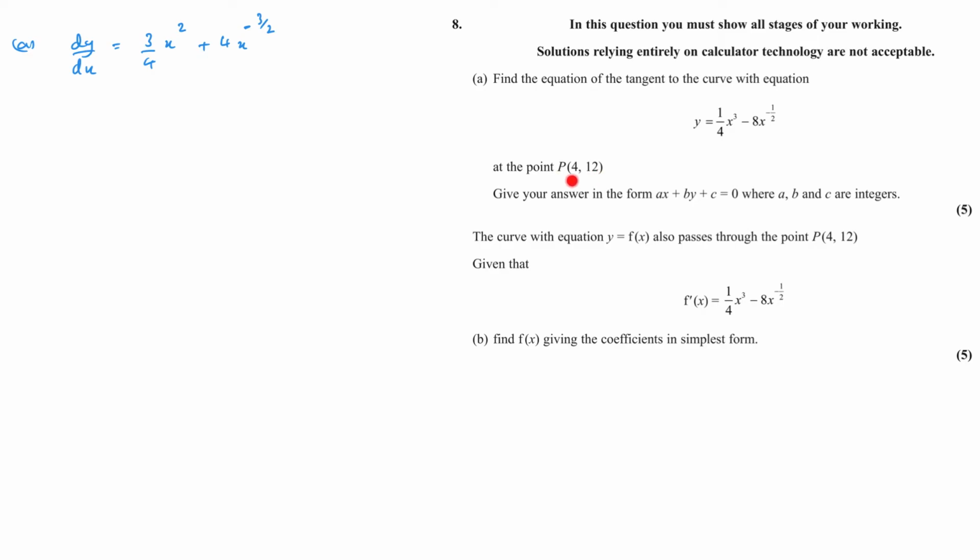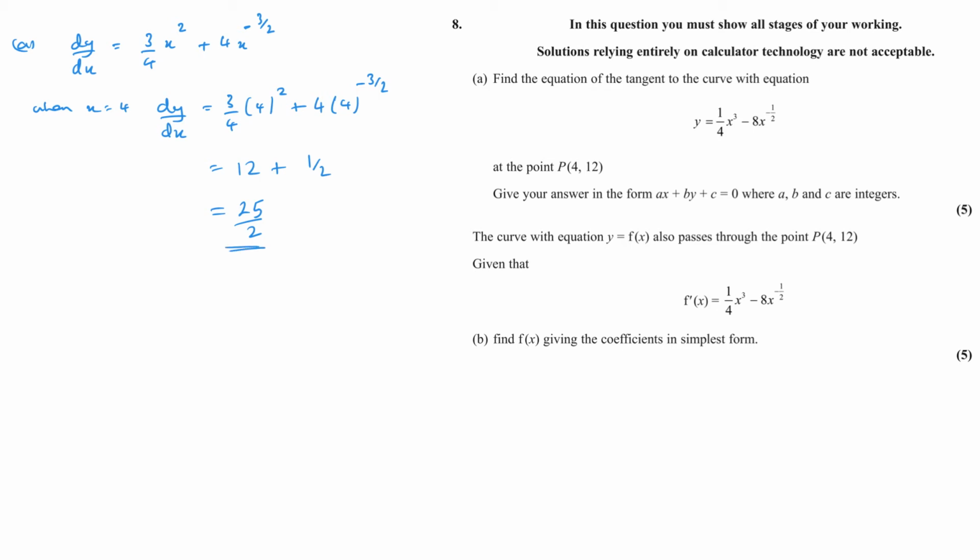Now I substitute my value in my coordinates, so when x equals 4, dy by dx equals 3/4 of 4 squared plus 4 times 4 to the minus 3 over 2. So that gives me 12 plus a half, or 25 over 2 there. So 12.5 or 25 over 2.